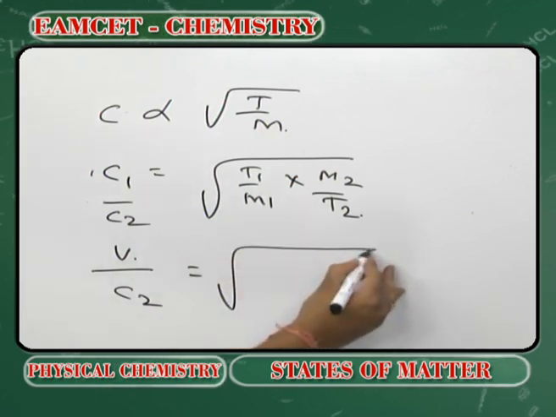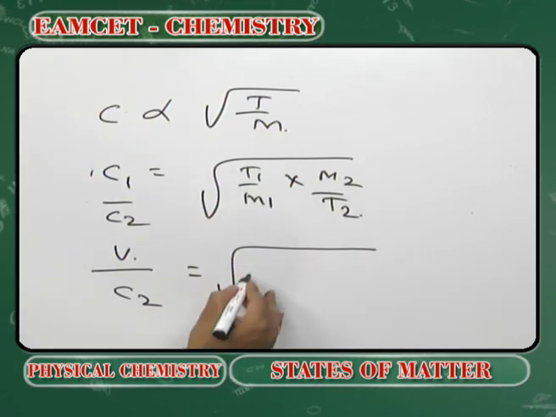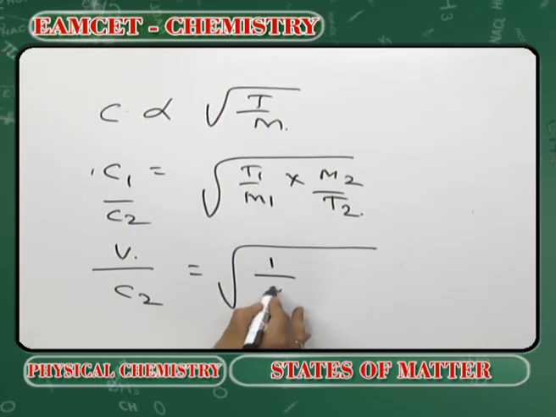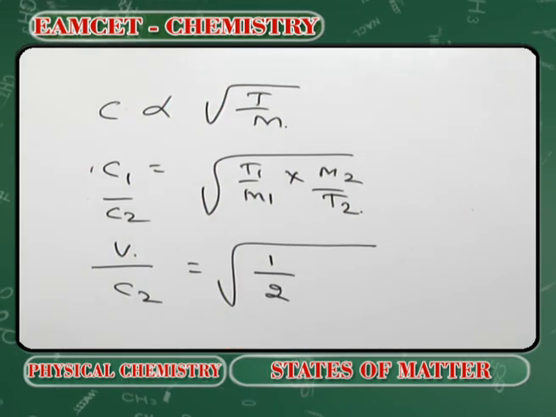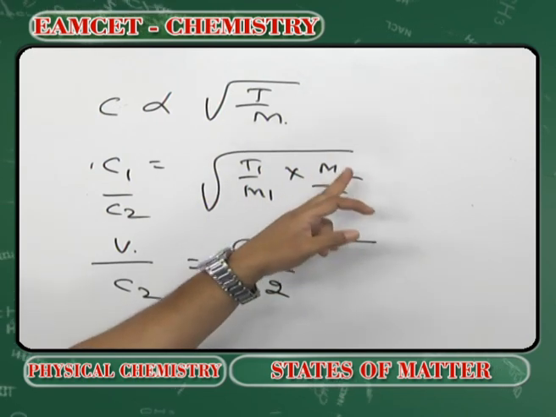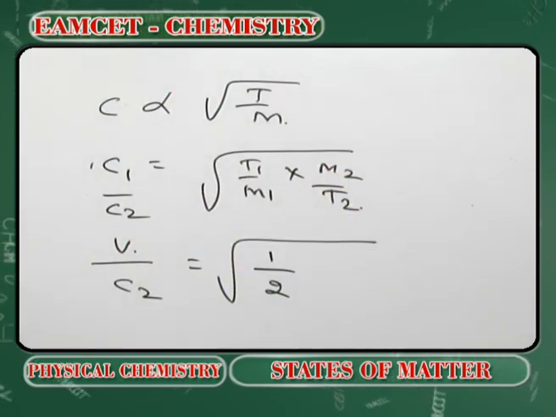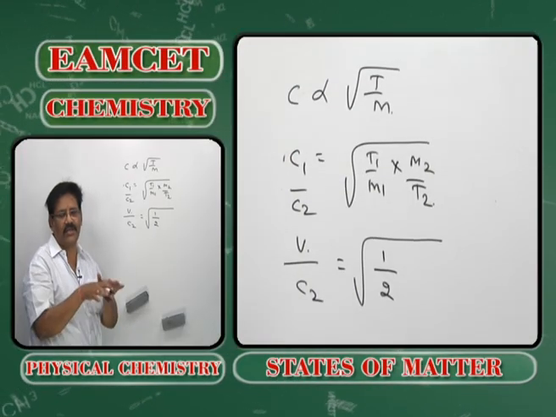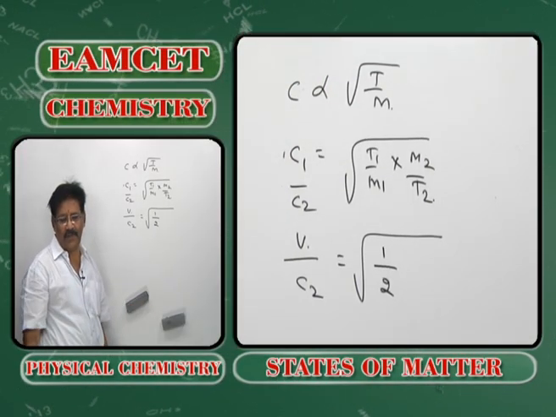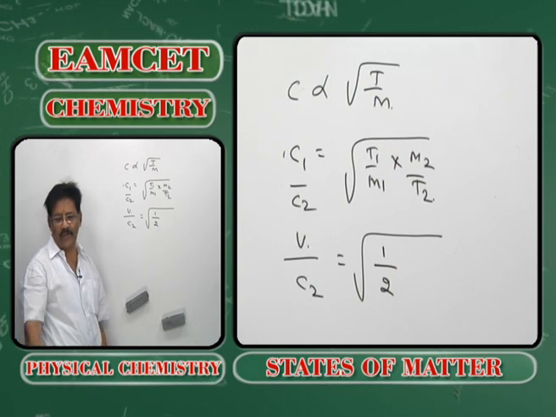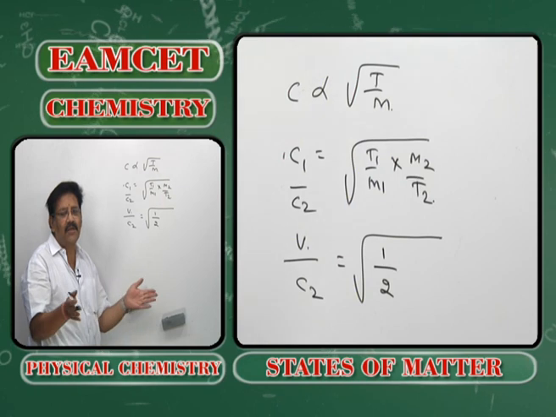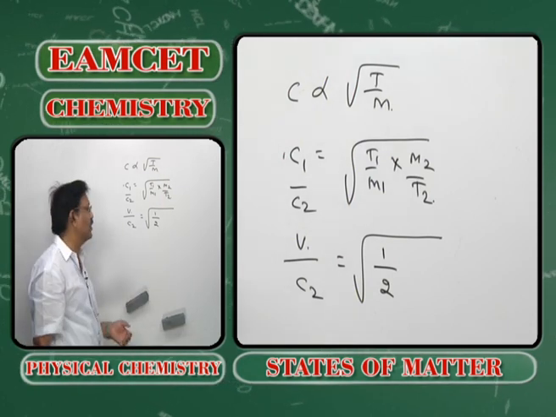So if T1 is 1, what will be the T2 value? 2. And what will be the M2 value? Due to the dissociation, the molecular weight will be reduced to half. The molecules are dissociated into individual atoms, so the molecular mass will be reduced to half.